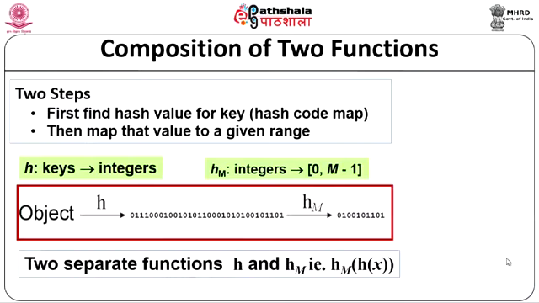As already told, it consists of two functions. First find the hash code map and then map it onto the given range. So, you have the object, you map it onto integers, and those integers to the range. You have keys to integers, integers to the table. Two separate functions are used, H1 and H2.